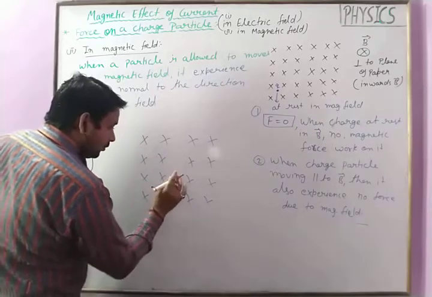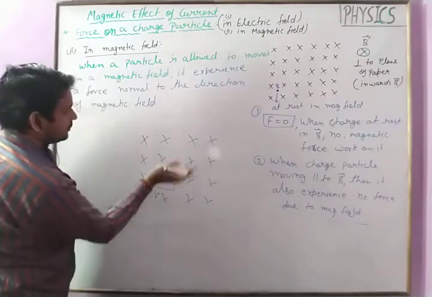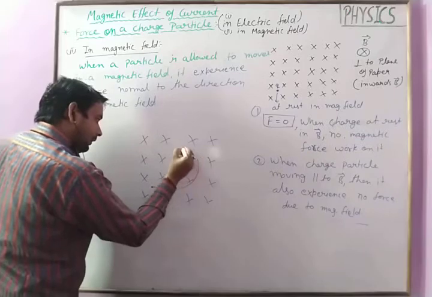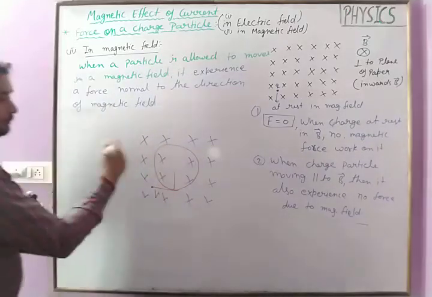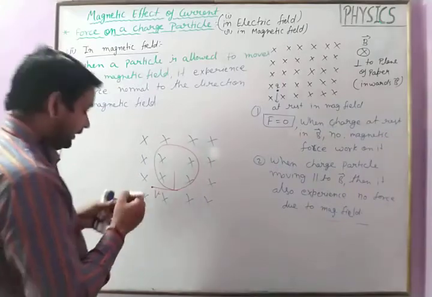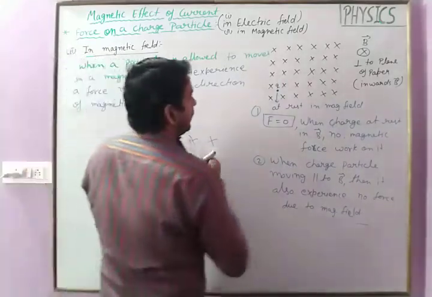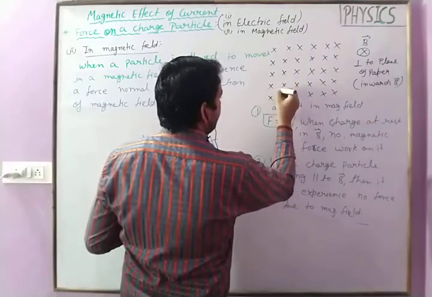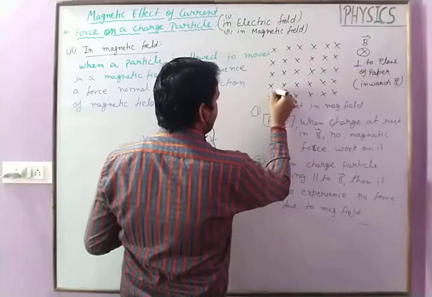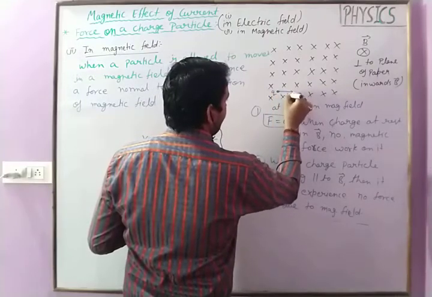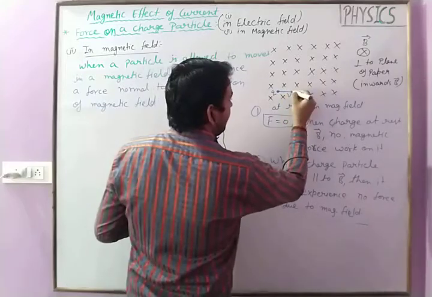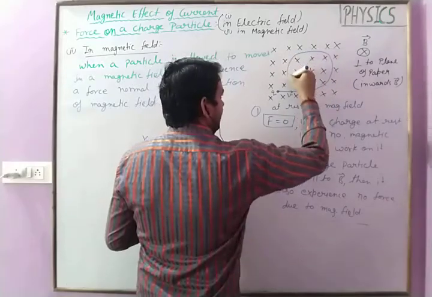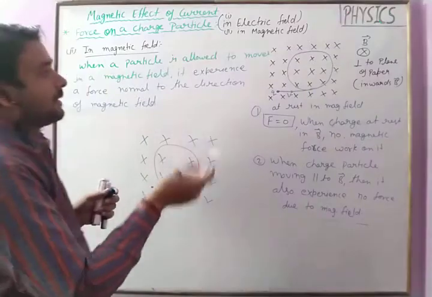So due to the force of the magnetic field, it is observed that the particle is moving in a circular path. Clear? So if a particle of charge q is allowed to move with a velocity v, then in the magnetic field it will experience a force due to which it will move in a circular path.